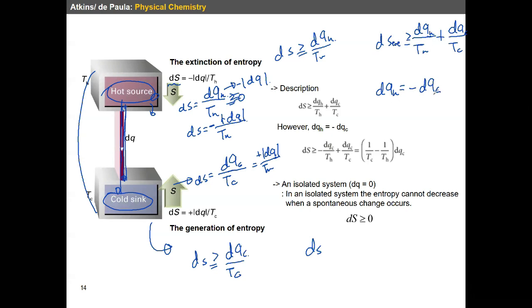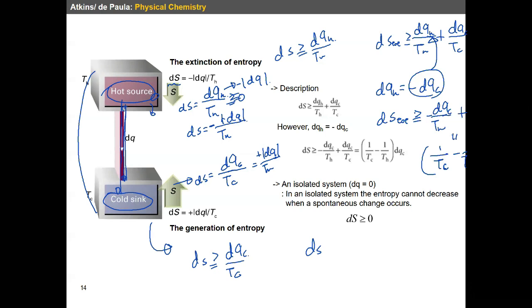We can say that, so therefore dS total equals minus dQc over Th plus dQc over Tc, and this is (1 over Tc minus 1 over Th) times dQc, right?